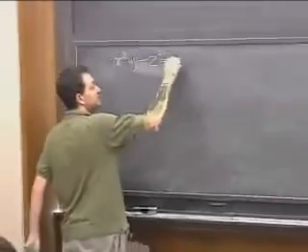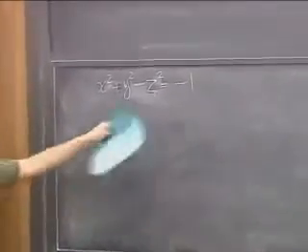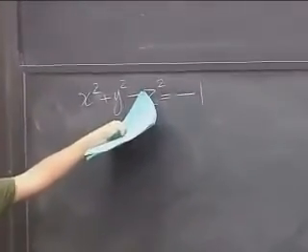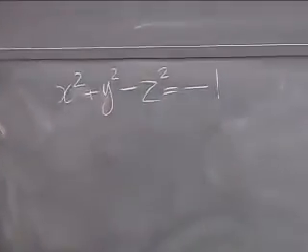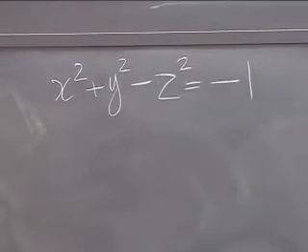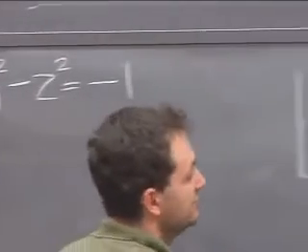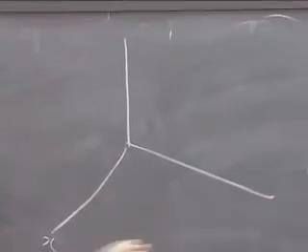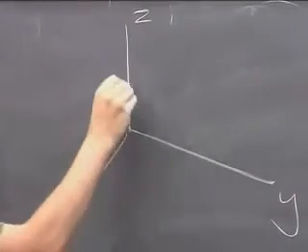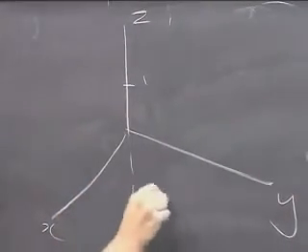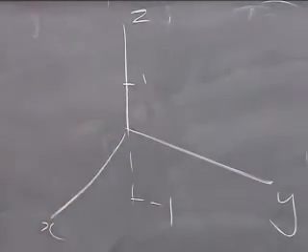So if we look at x squared plus y squared minus z squared equals negative 1, now if z equals 0, we've got a problem. You can't have x squared plus y squared equals negative 1. So there's no action at z equals 0. In fact, there's no action at all until z is 1 or minus 1. So above 1 and below minus 1 is the only hope.